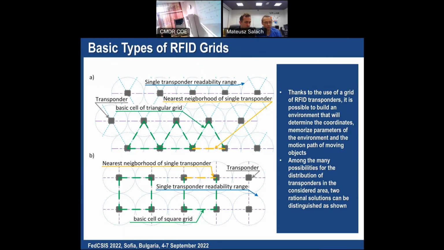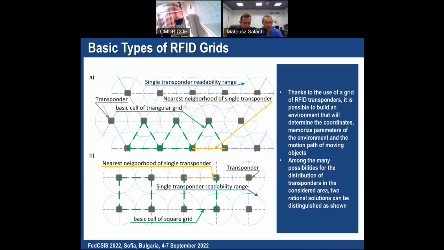So this is our goal. And triangulation is one of the concepts that may be used to see if it improves or if it enlarges the number of transponders that we are able to reach.